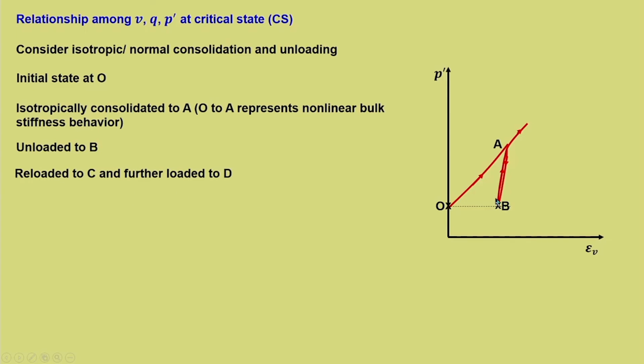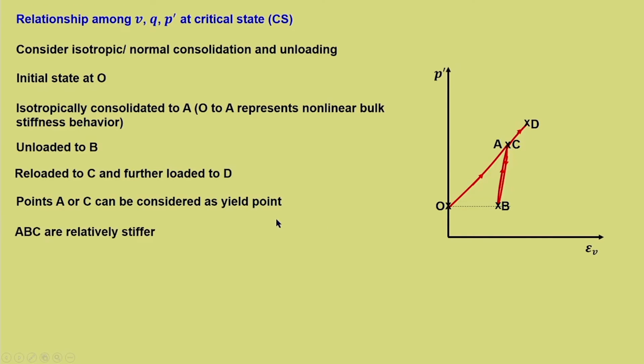Then from B it is reloaded to C, where A and C are almost the same, and then further loaded to D. Points A or C can be considered as the yield point for this particular behavior. This is the point where it has yielded. Why? Because this limb CB is there. Now, this is the unloading reloading part. So, this represents the yield point.